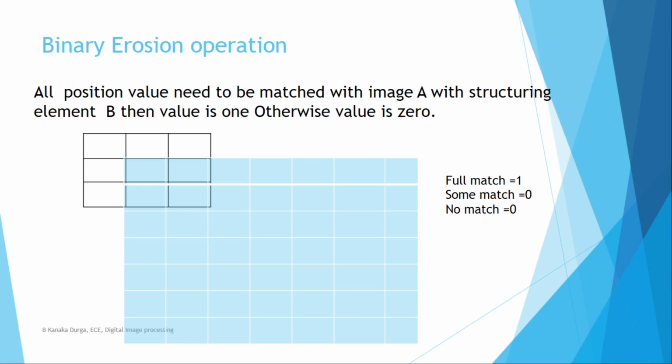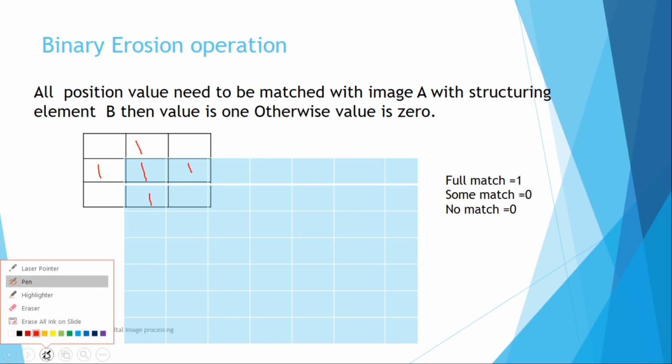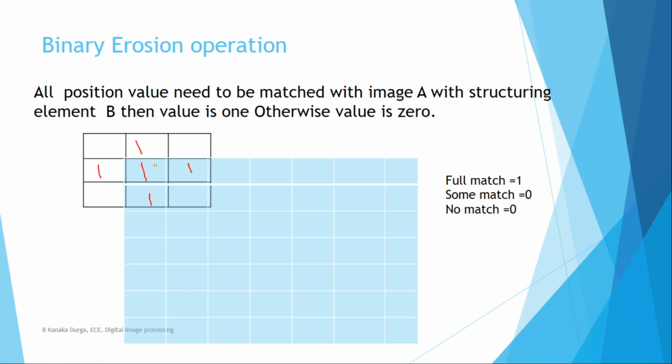Considering the image in terms of ones and zeros, the object represents ones and the background represents zeros. So how do we do the erosion operation? We will see. The structuring element values are 1, 1, 1, 1, 1, right? And the image values here are 1, 1, 1, 1. And in this case, the structuring element is 0, right? So we go for the erosion operation.